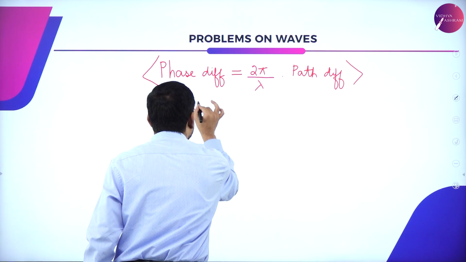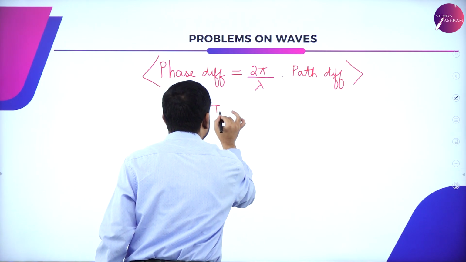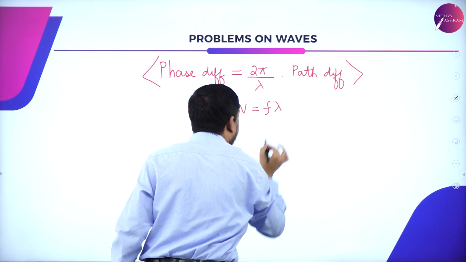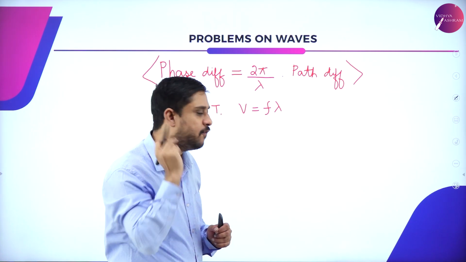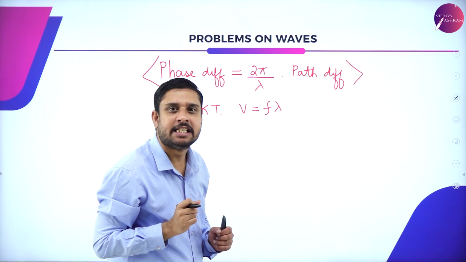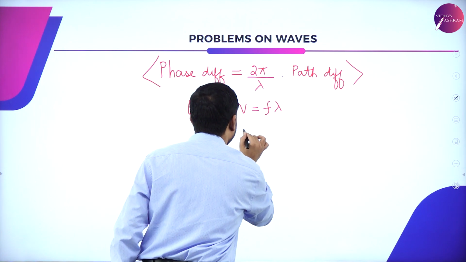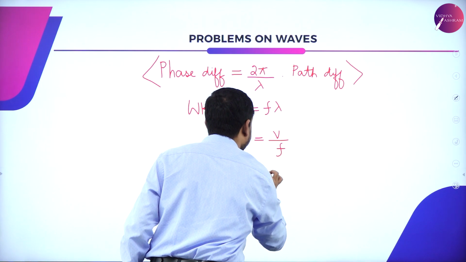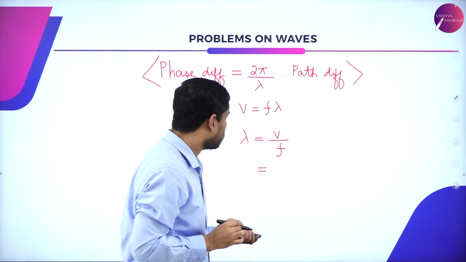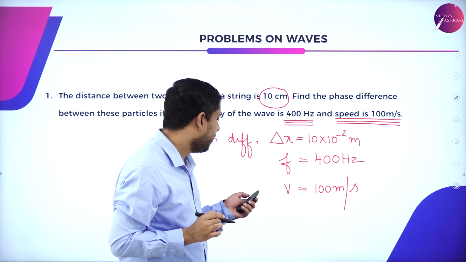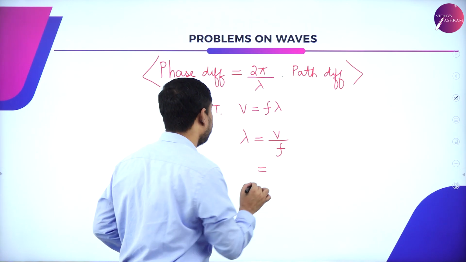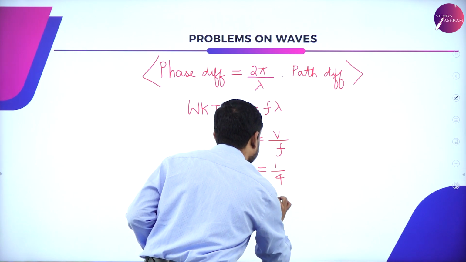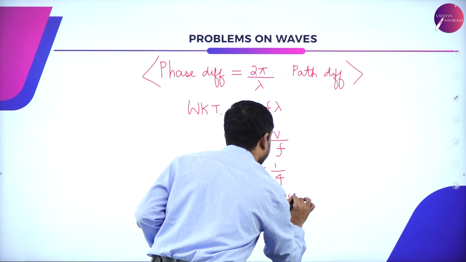So, we know that V equals F lambda. Wave velocity V is F lambda, or lambda is V by F. V is 100, F is 400, so this is 1 by 4 or 0.25 meter.